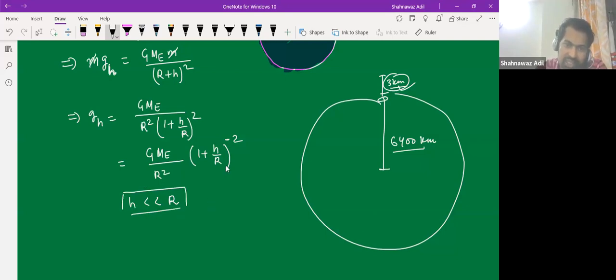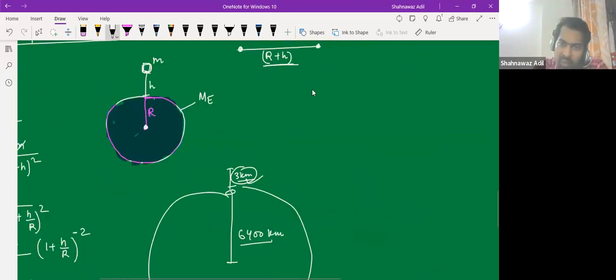Which means that we can use the binomial expansion and write this as G M e by R square times (1 minus 2h by R). Again, what does the binomial expansion say?